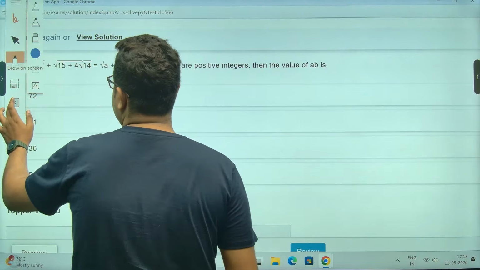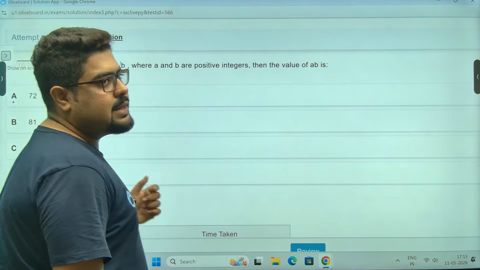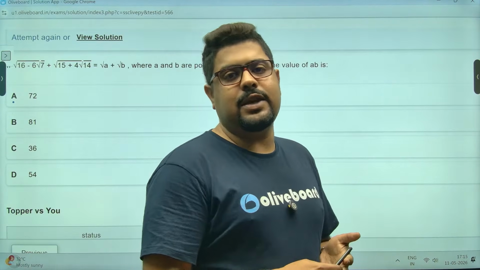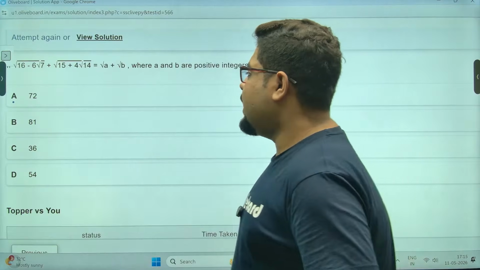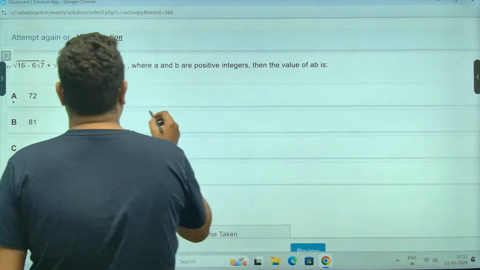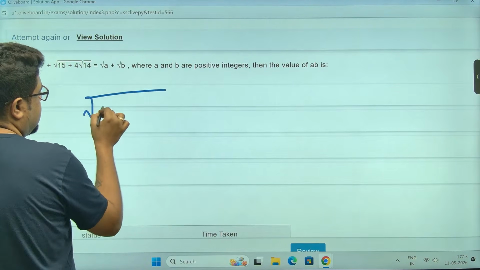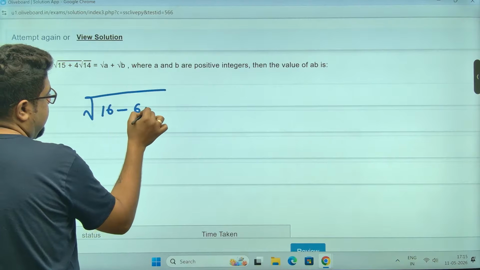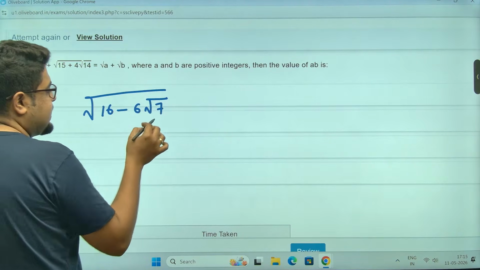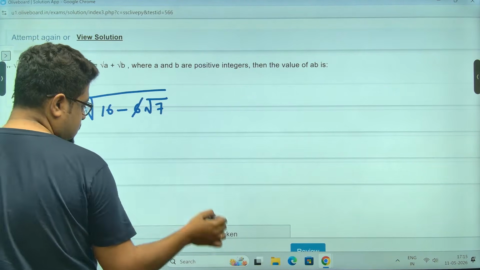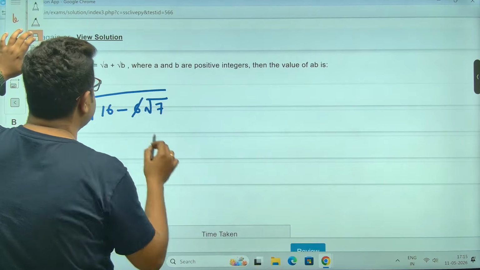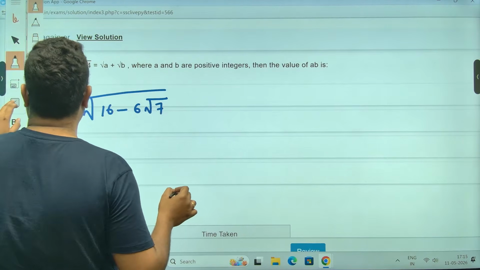Sir, again, just by looking at this, I can say this is a question of what? Sir, you need to find the square roots. 16, 6 root 7. So first things first, you get rid of this 2, because there is a 2ab in it.